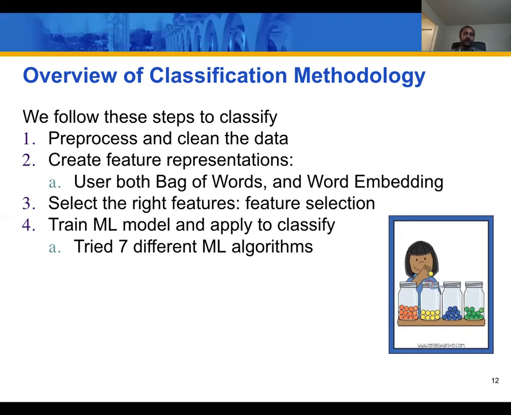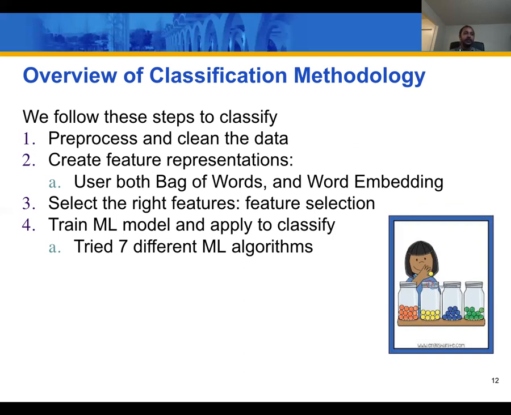Then we try to improve the effectiveness of our approach by selecting the most important features, because GitHub has unstructured text, so there might be some unimportant or irrelevant words. So we try to improve this feature set, and if we do this, it will also increase the speed of our computation.